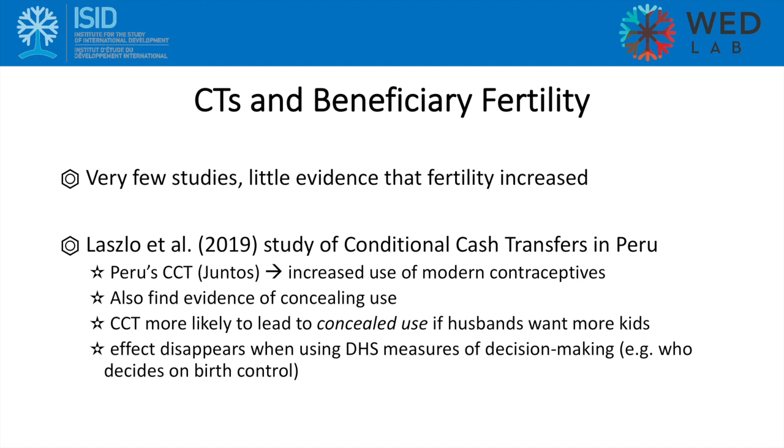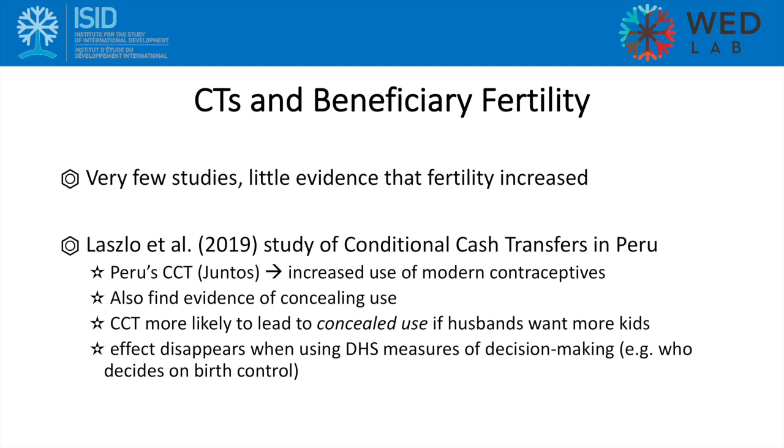There's actually very little evidence that fertility increases or decreases as a result of cash transfer programs, so we wanted to explore this a little more. Looking at the Juntos case, we used the Demographic and Health Survey from 2005 to 2017, and we found that cash transfer recipients were more likely to use contraceptives in the long term.